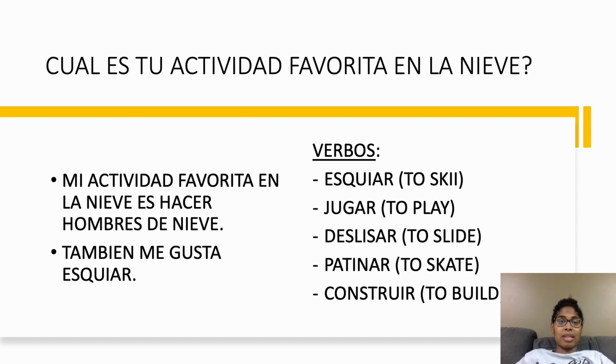I can also say es esquiar, jugar en la nieve, es jugar, es deslizarme, patinar, construir. So I want you to start getting familiarized with full sentences. También me gusta esquiar. I also like to ski. So that's just so that you start seeing full sentences and questions.